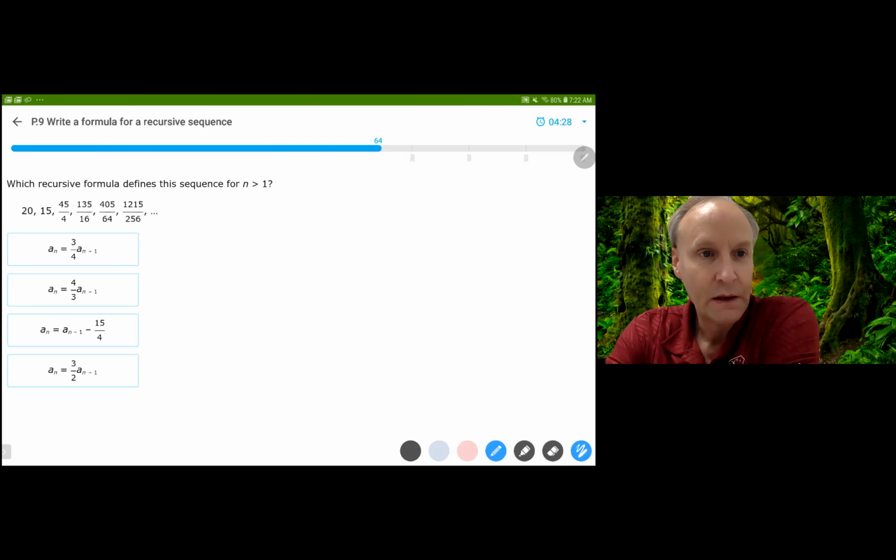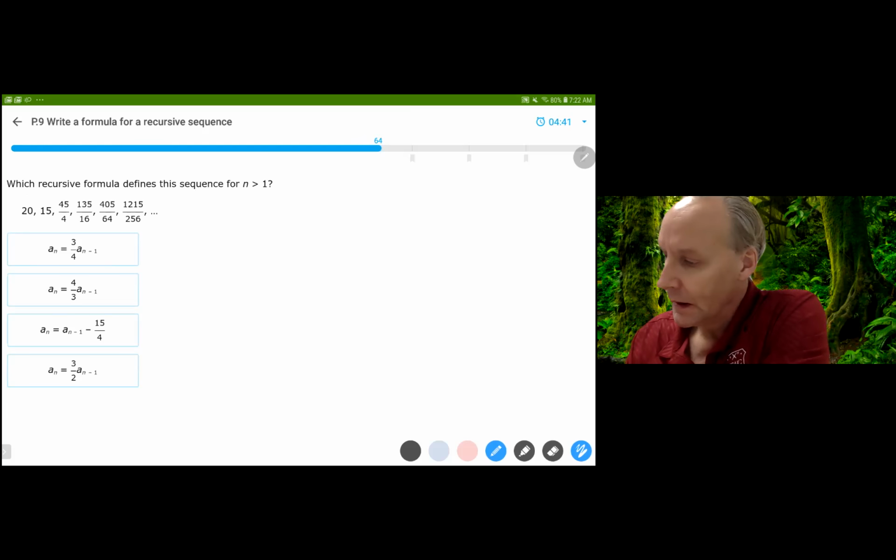Now, this one is a little more difficult, but if you look at the 15 to the 45 over 4, or even better yet, the 45 over 4 to the 135 over 16, I'm going to use the 15. And what I want is a multiplier. This is obviously being multiplied by something, and it looks like it's a fraction.